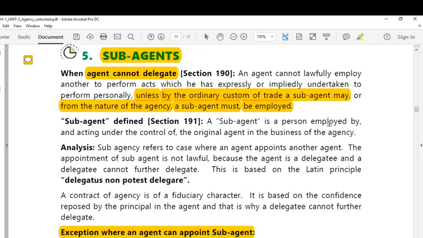A subagent is a person employed by and acting under the control of the original agent in the business of agency. This is the definition of a subagent as per section 121. A subagent will be appointed by the agent, and the agent is the original agent in the business of agency.